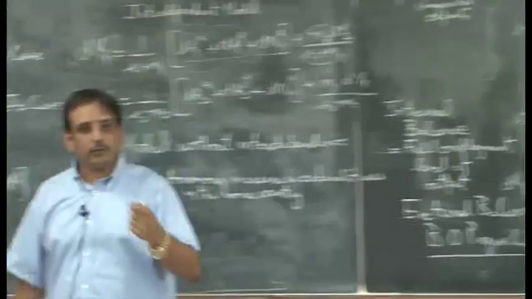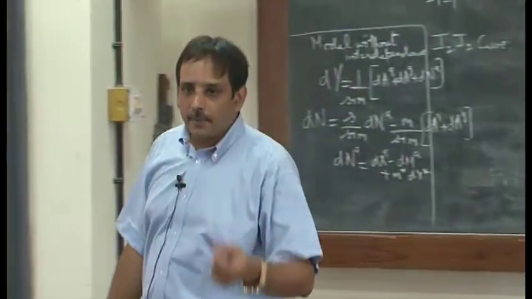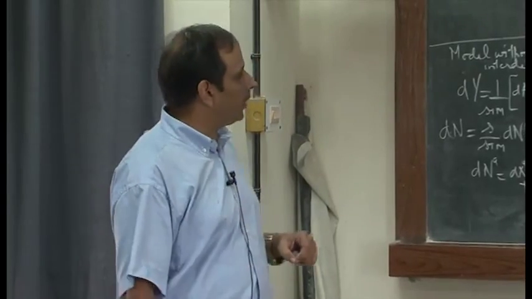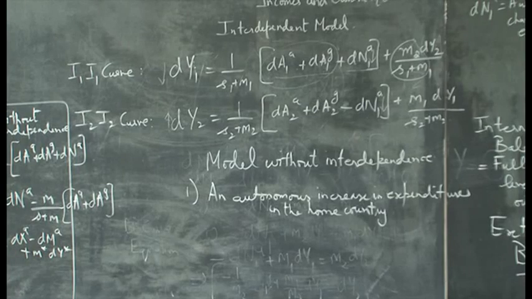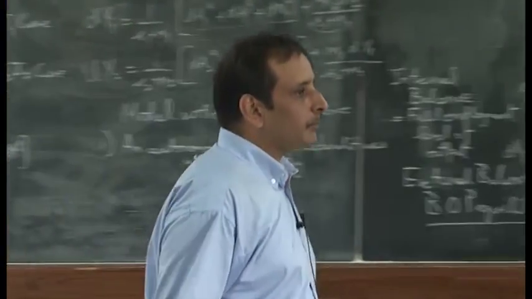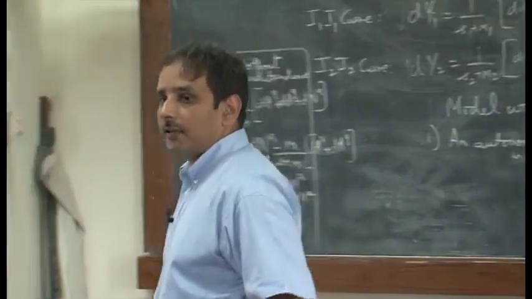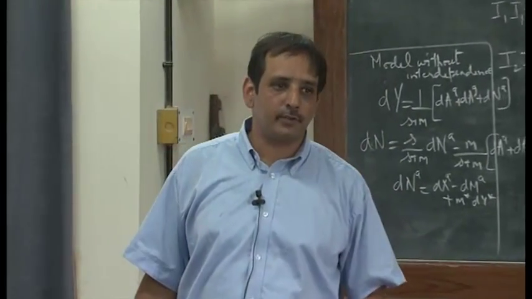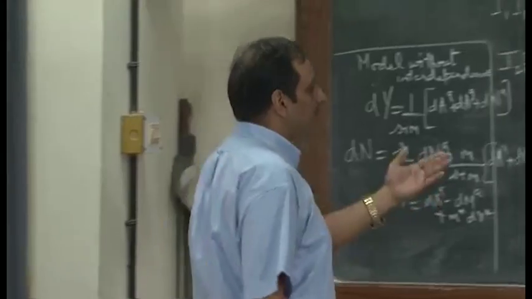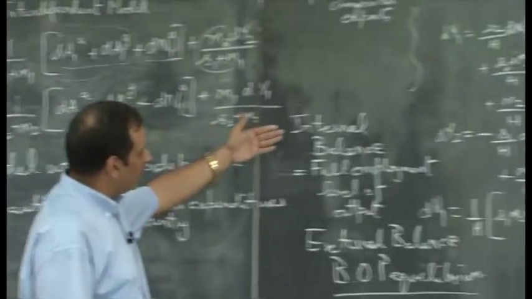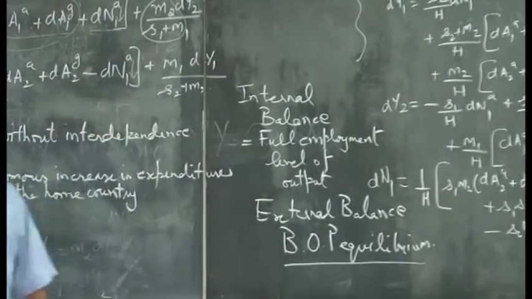Point is, what you should do to bring your economy back to internal and external balance. So to answer that, the answer is to cut back the expenditures, maybe policy induced expenditures, because that will bring the economy back to internal and external balance.